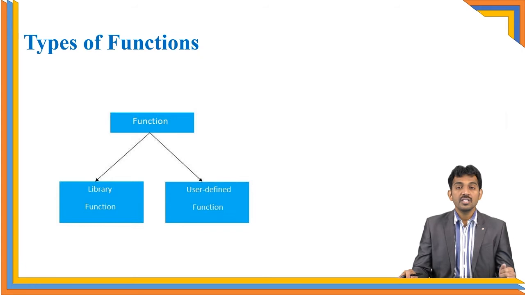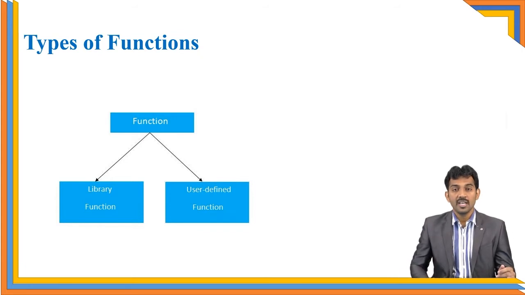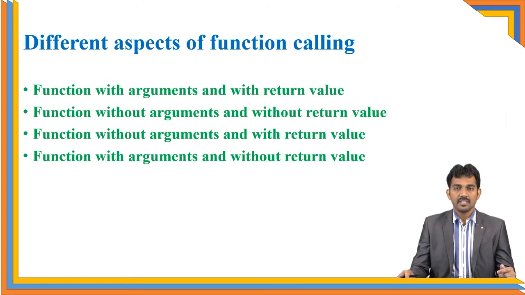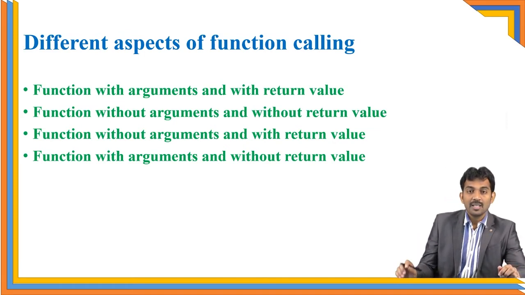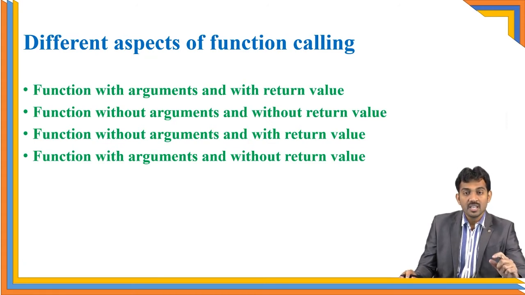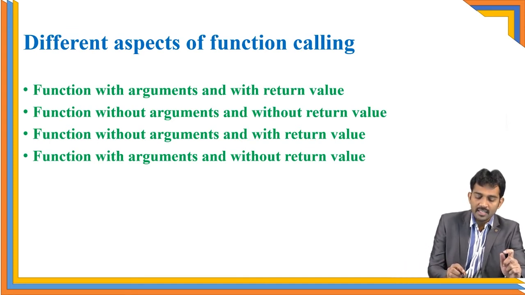But the functions are also divided based on the calling aspects. The functions are broadly divided into four ways. The first one is function with arguments and with return values. Here you need to send the parameters as well as retrieve the data, which is the example of the last class, the addition program. See what I did there.